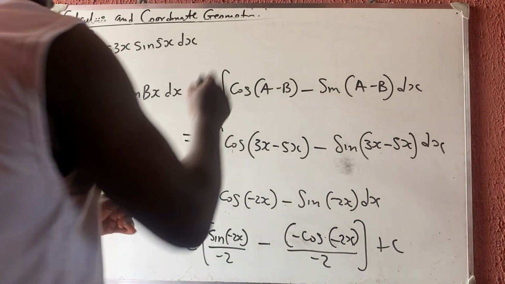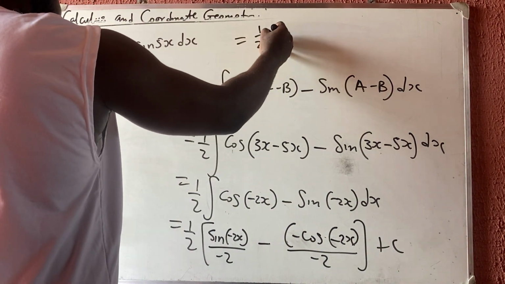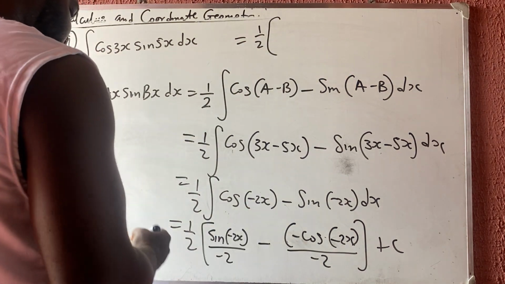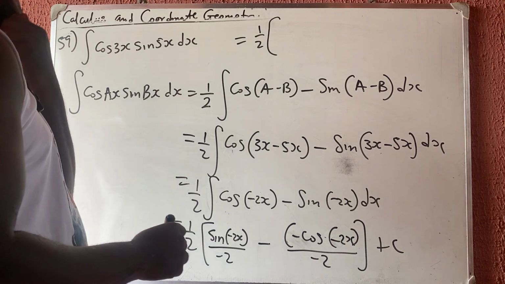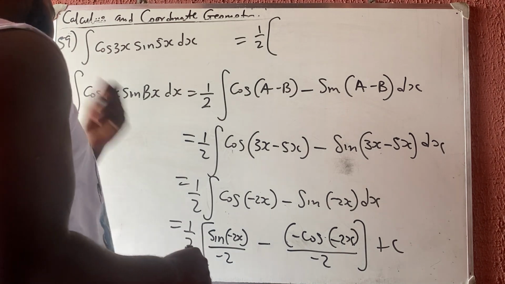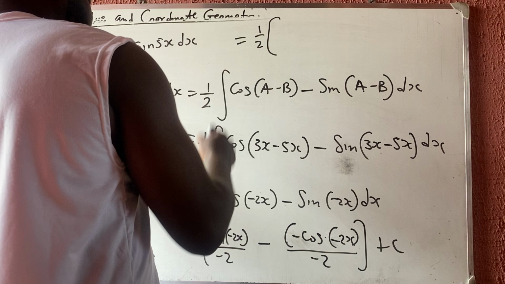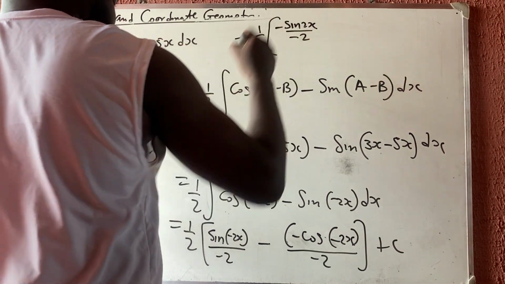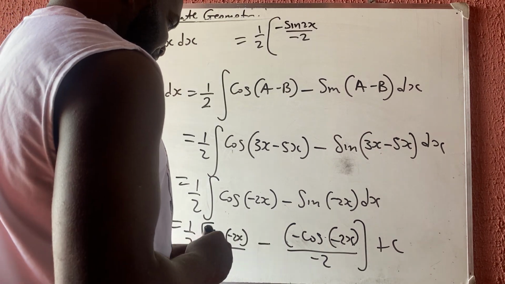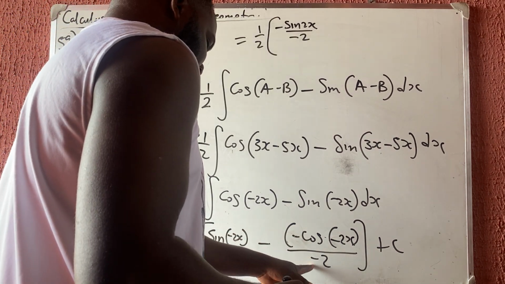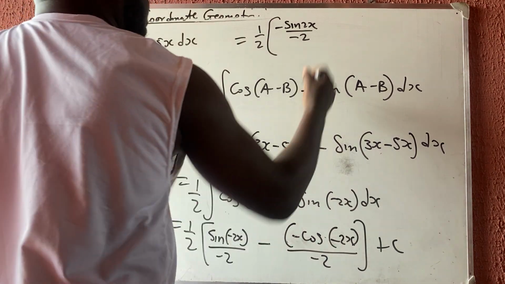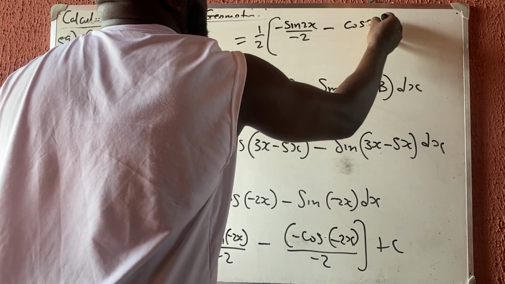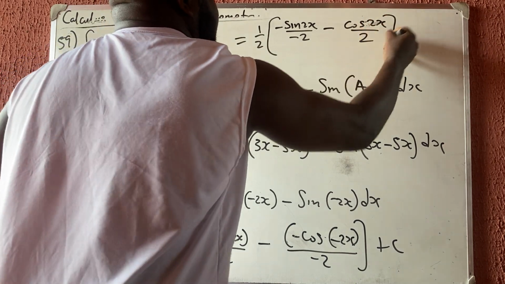So if you finish it up, this is 1 over 2 into, sine is an odd function, so the sign gives you minus coming outside. So minus sine 2x over minus 2. Then the cos is an odd function, so I have minus cos 2x over 2, then plus a constant.